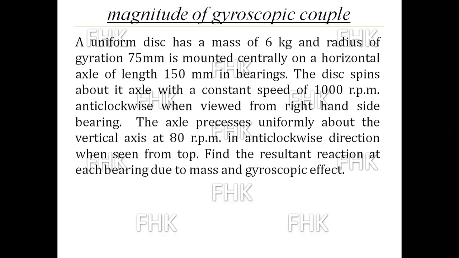The disc spins about its axle with a constant speed of 1000 rpm anti-clockwise when viewed from the right-hand side bearings. The axle precesses uniformly about the vertical axis at 80 rpm in anti-clockwise direction when seen from top. Find the resultant reaction at each bearing due to mass and gyroscopic effect.